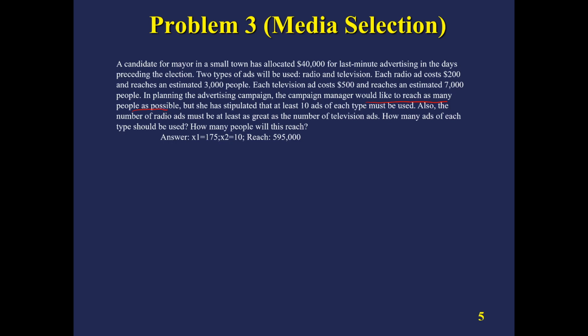And we know that each radio ad is reaching 3,000 people and each television ad is reaching 7,000 people. So we have to decide how many ads of each type should be used. So we identify these decision variables.